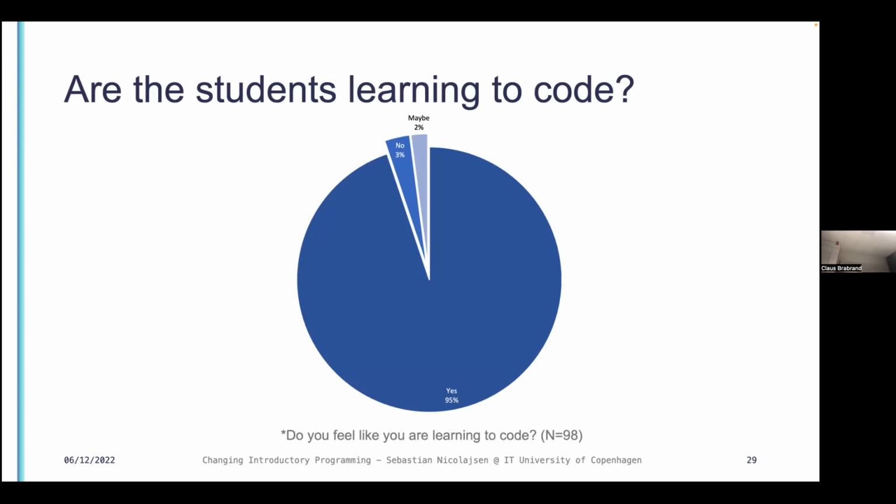But in our CS1 course, we try very intentionally to be programming language agnostic. So we talk about principles. We don't talk about for loops. We don't talk about syntax. We talk about repetition. We talk about conditional repetition. We talk about iterative repetition instead of while and for loops.